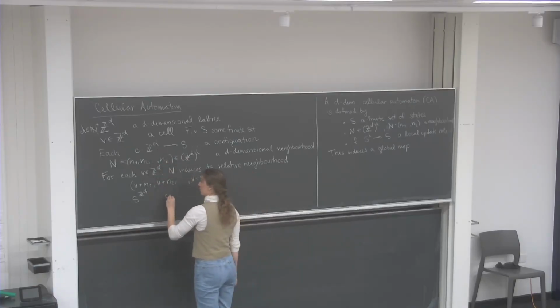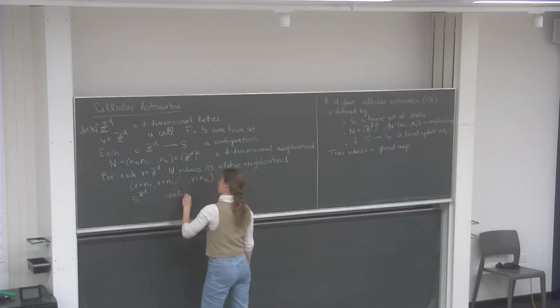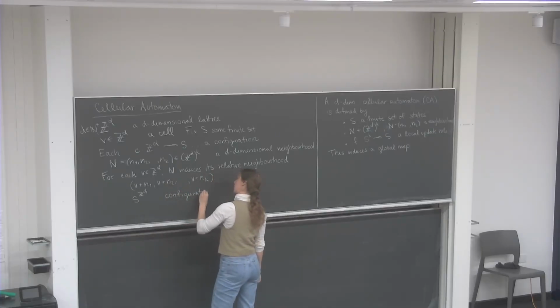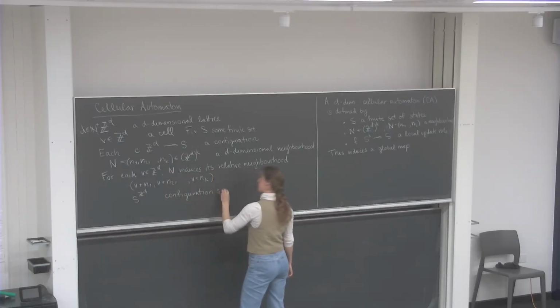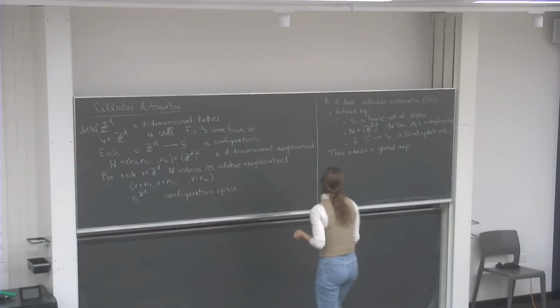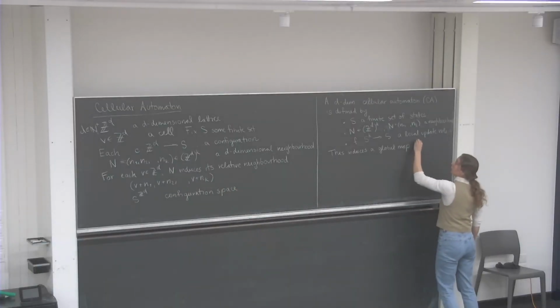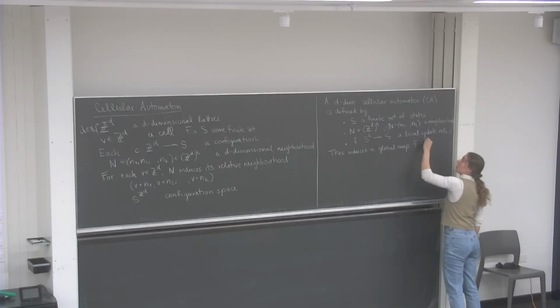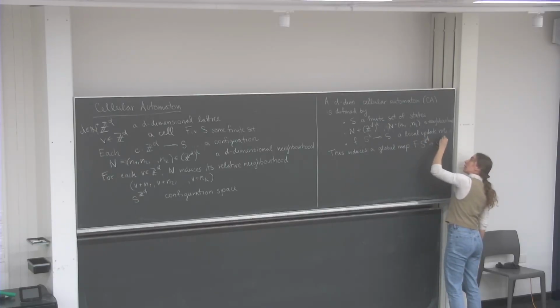So this is the configuration space. So this induces a global map F, which manipulates the configuration space as follows.